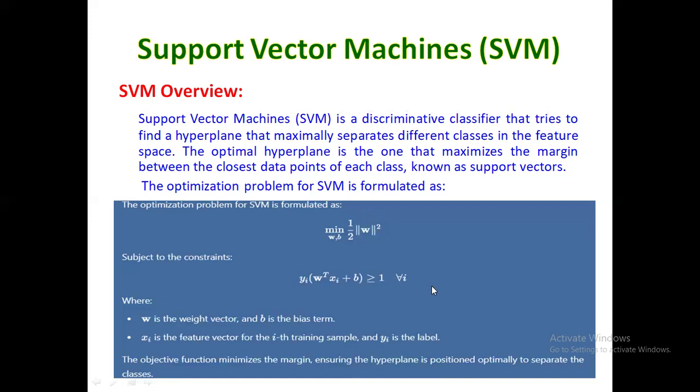Here w is the weight vector, b is the bias, xi is the feature vector for the ith training sample, and yi is the label, that is, the output.